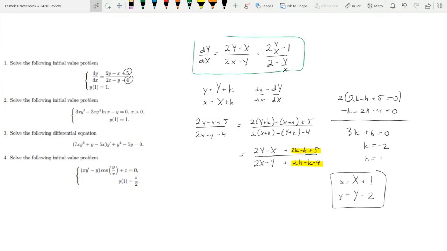Let me try to find some homogeneous ones. Okay.